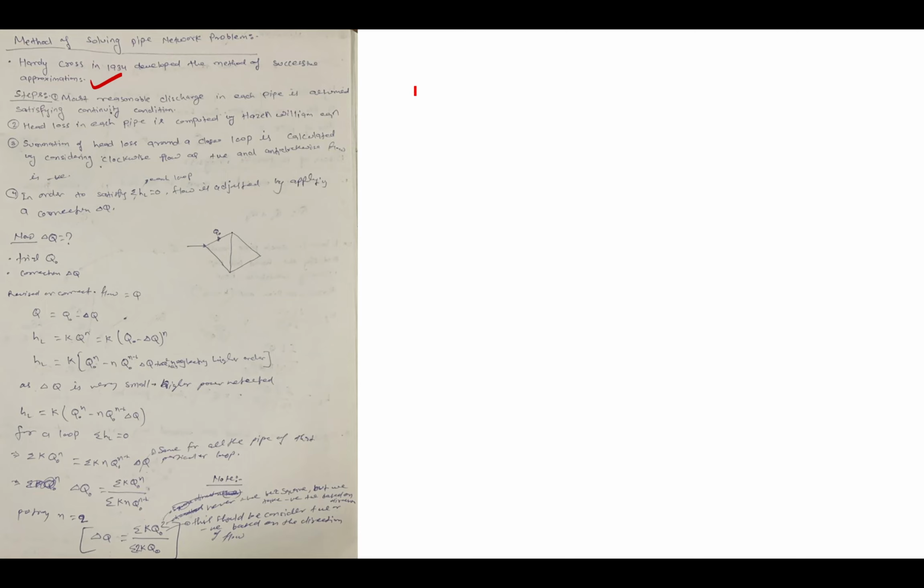So basically what you will do, if your network is like that, you will consider a reasonable discharge in each pipe. Let us suppose in this pipe is Q naught, in this pipe Q naught 1, in this pipe Q naught 2. Like that you will assume.